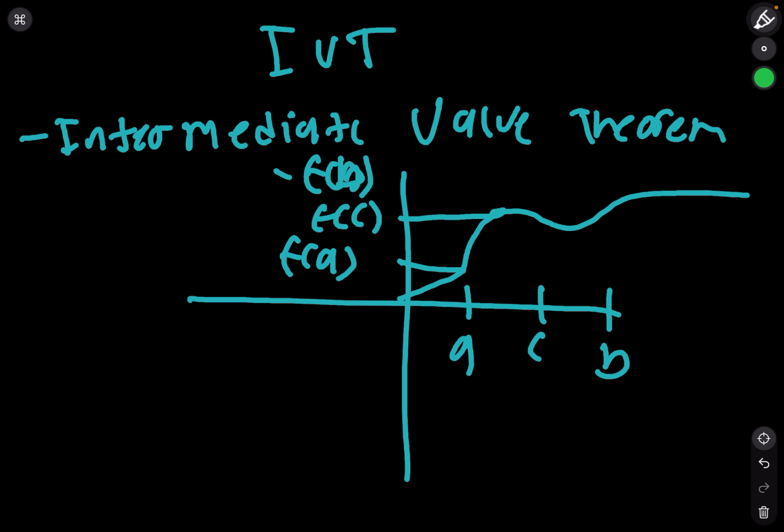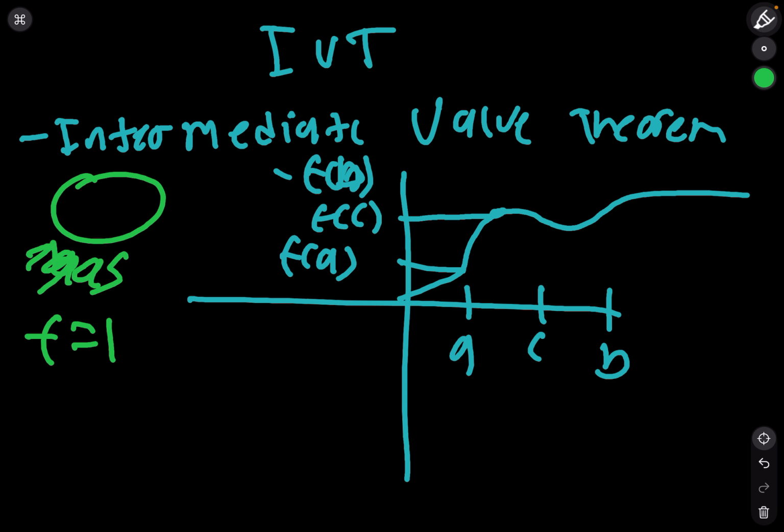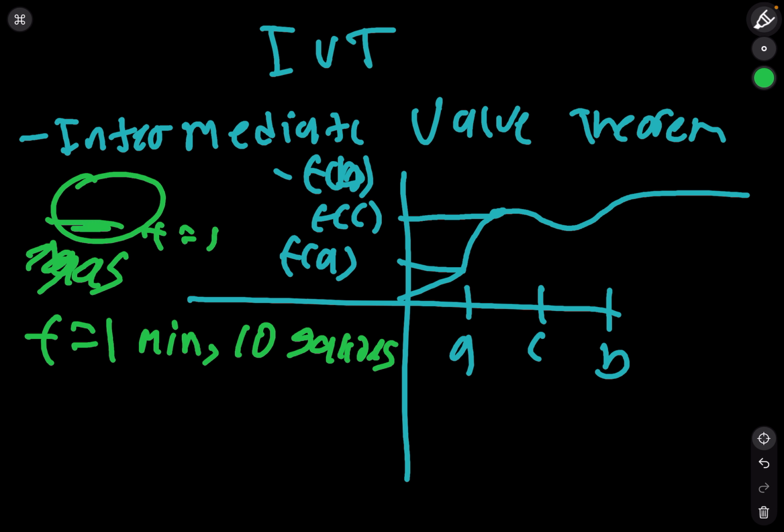Let's say you were filling up your gas tank, right? Let's say this is like your gas tank. And then at t equals 1 minute, you had 10 gallons of gas. So at t equals 1, you will have like this much. And then at t equals 2, you will have 50 gallons.